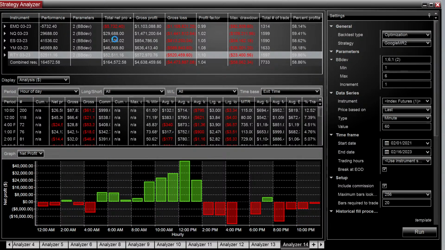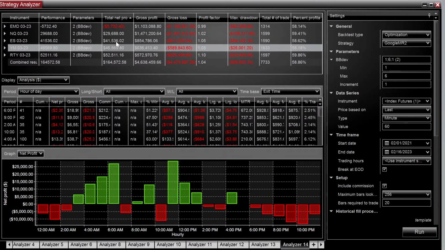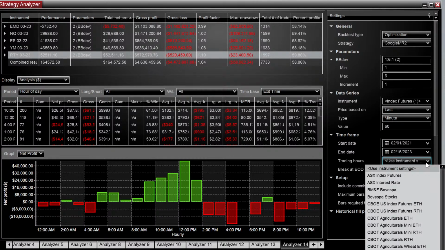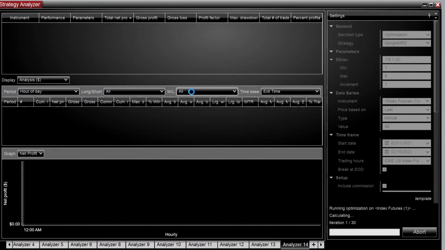Let's start getting some correlation on the hour of day analysis. Pretty much does better on RTH. Let's choose RTH hours, see if we get better results. It did seem like he was doing pretty good in the pre-market hours though.